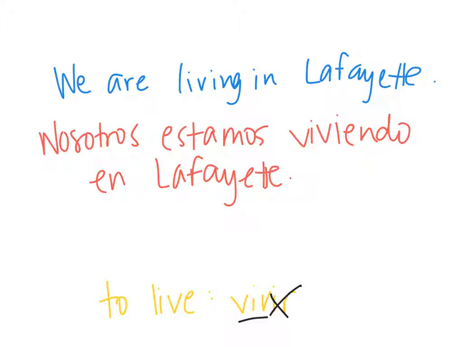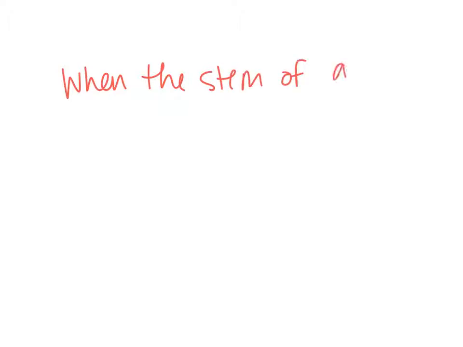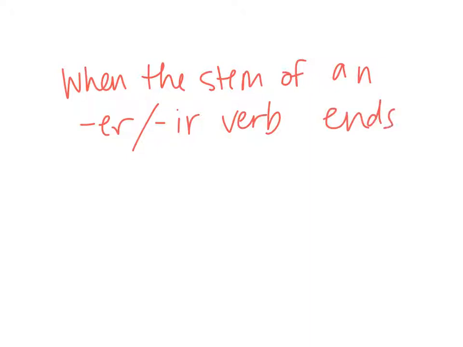So see, this is actually a pretty easy concept. There's only one exception to this rule, and I'm going to teach that to you right now. Here's the one exception to my rule. When the stem of an ER or an IR verb ends in a vowel.